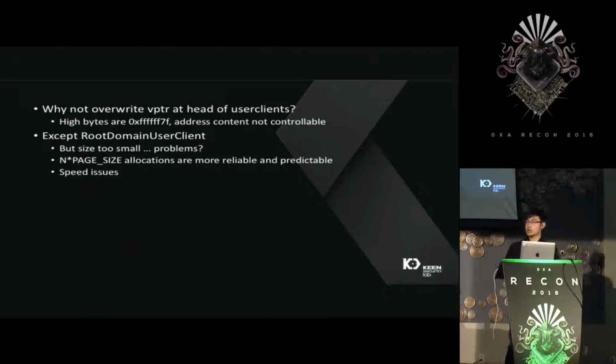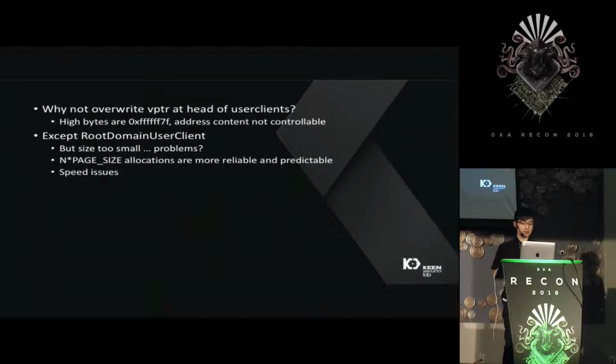But there is an exception. The root domain user client has a vtable pointer whose high bytes are 80, but its size is too small, and that introduces new obstacles for our exploitation.